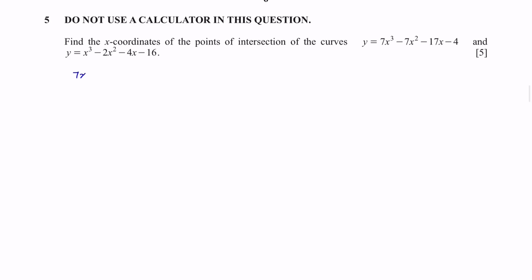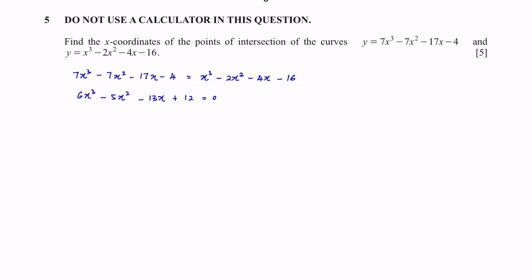So we have 7x cubed minus 7x squared minus 17x minus 4 equals x cubed minus 2x squared minus 4x minus 16. So simplifying this, we would get 6x cubed minus 5x squared minus 13x plus 12 equals 0.